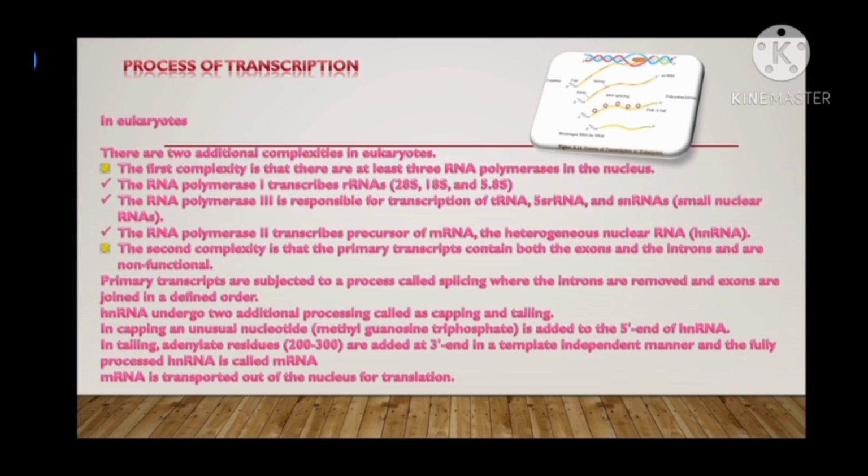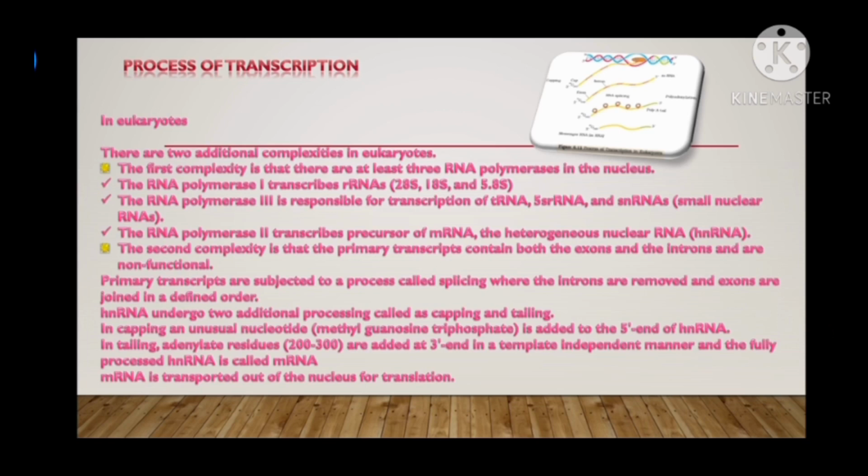Right? And the second important complexity is that the primary transcript contains both exons and introns, which are non-functional. We already spoke about them, right? Introns are those regions which do not code for any protein.